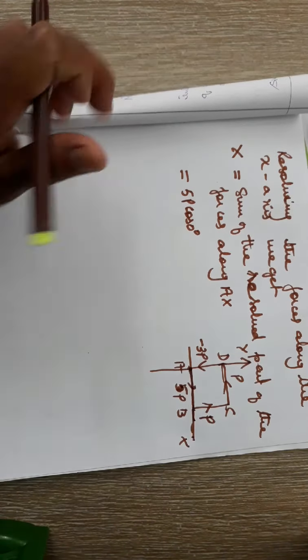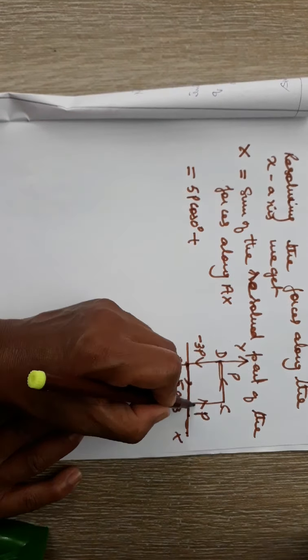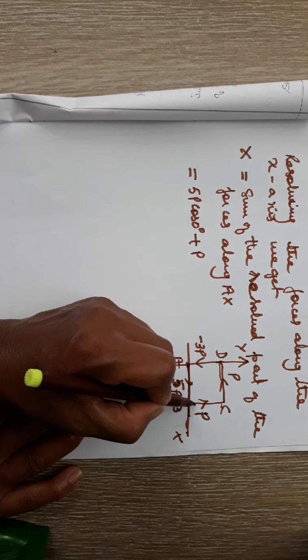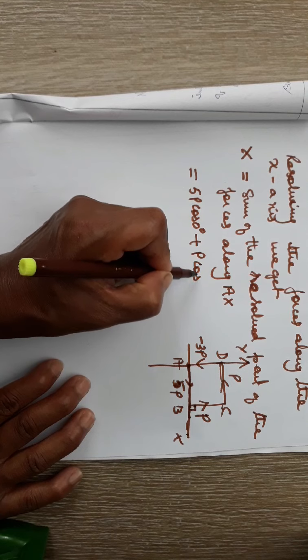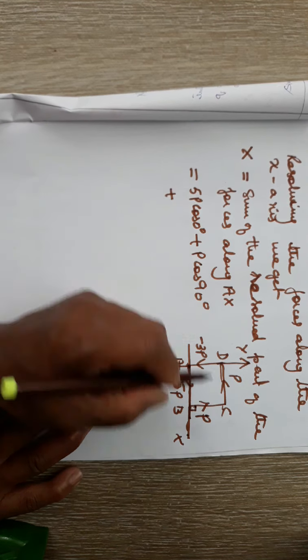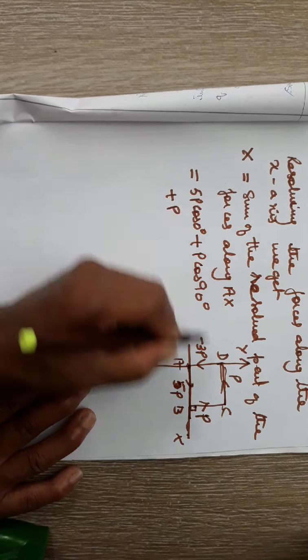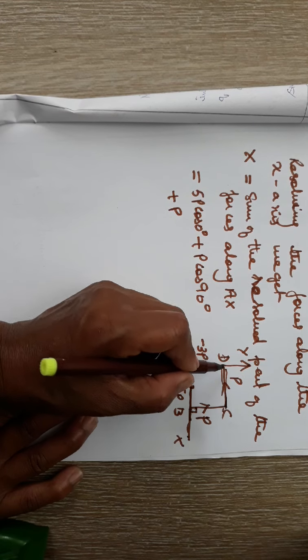So you have 5P cos 0 plus, now P here, this P, what is the angle made by this with the x-axis? It is 90 degrees, so you have cos of 90 degree and then plus another force P here along CD. What is the angle made by this?